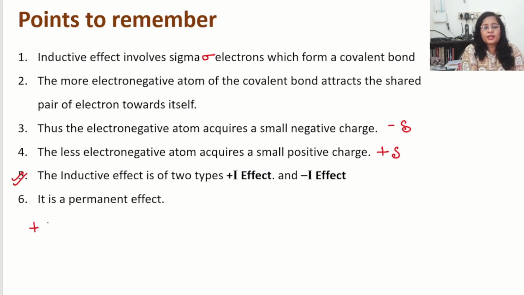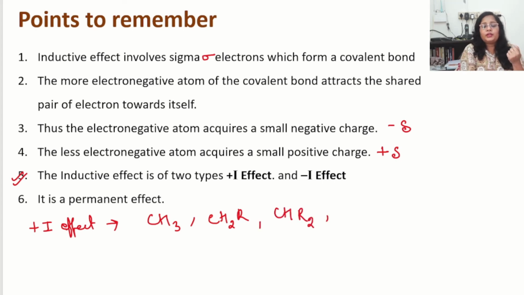Examples of plus I effect are the methyl group, because they are electron givers, or we can say CH2R, CHR2, or CR3. These are all showing plus I effect. Whenever these groups are attached to the carbon and polarity is produced, it means a plus I effect is shown.